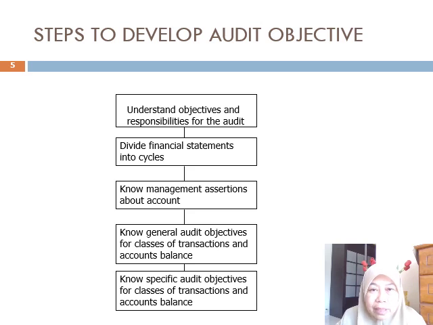Third, the payroll cycle, and the last one is the inventory cycle. Then the auditor has to understand the management assertion about the accounts. The next step is to develop sub-audit objectives that relate to classes of transactions and account balances.